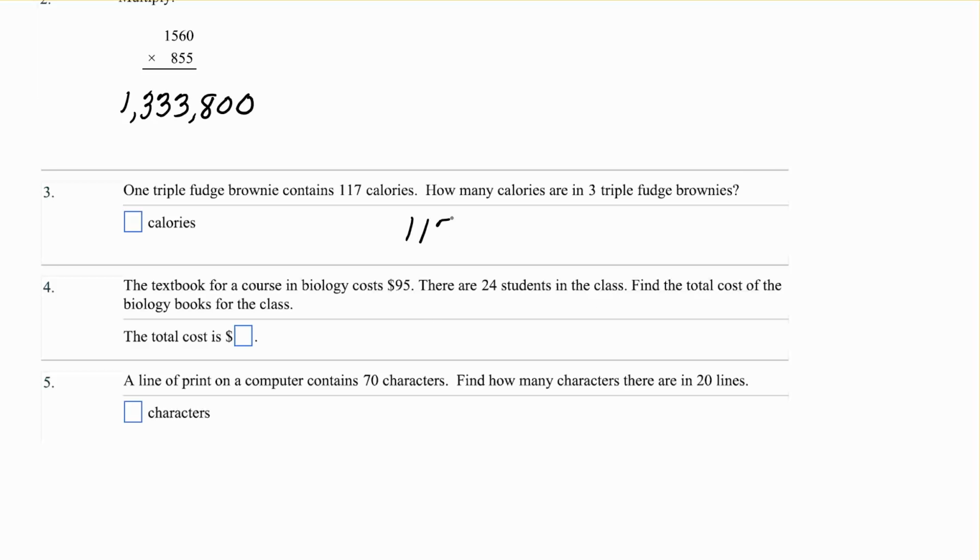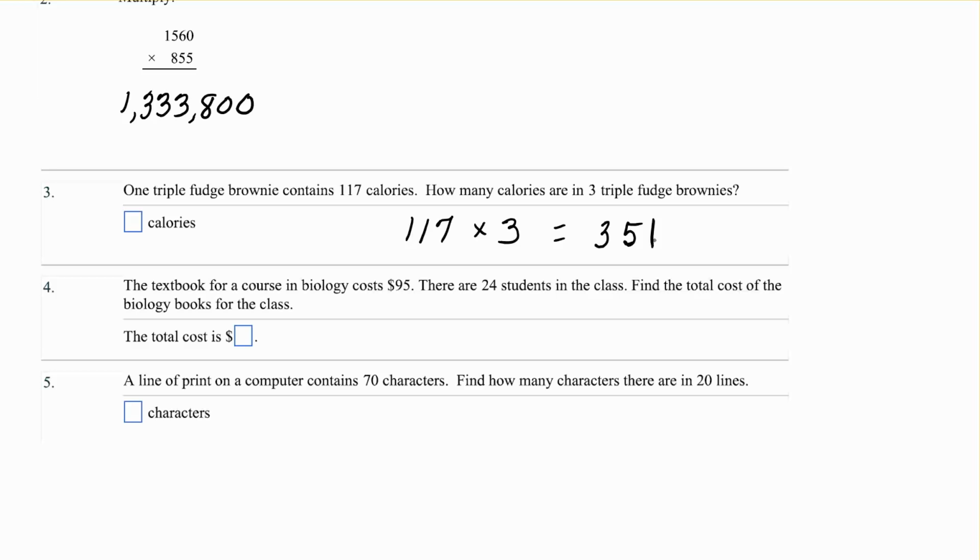So I'm going to have 117 times 3, and I get 351. So it looks like 3 brownies would give me 351 calories. I'm going to try it again, clear my calculator. 117 times 3 equals 351.